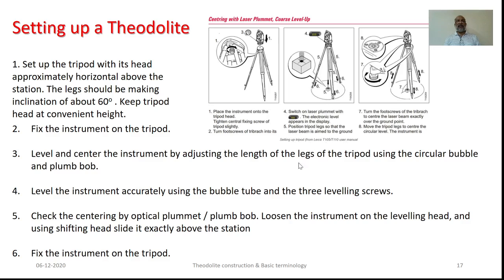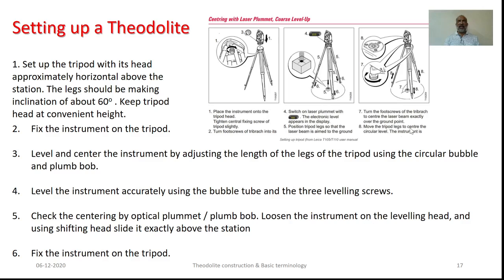This leveling is done by making use of the bubble tube and leveling screws. As you know the process, we keep the telescope parallel to any two foot screws and bring the bubble to the center of the run. We then turn the telescope 90 degrees from that position and again use the remaining screw. So, that is the leveling aspect.